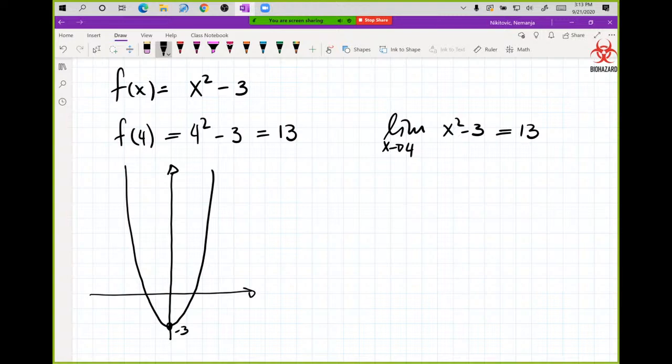And then I want to compute what's happening at 4. Let's say this is where the 4 is. With 4, you would go up, and wherever you hit the function, you would bounce off, and that will be 13. So this point here is exactly 13. Your 4 is the input on x, and the 13 is the output on y. And this is the standard thing that you know from your pre-calculus life.